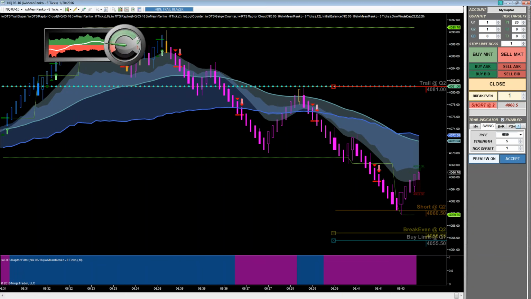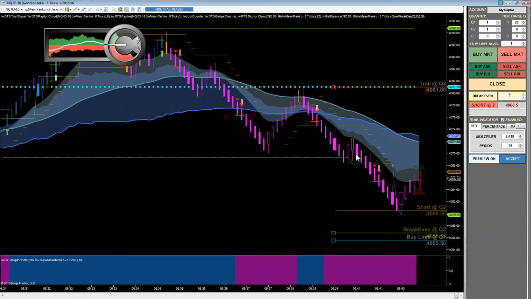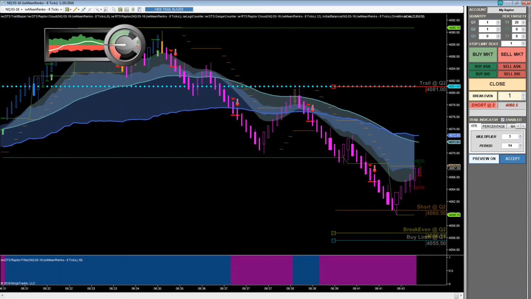Now, as far as the Trailblazer and Trade Manager go, we have 16 different stop strategies to choose from here. And each strategy is fully customizable. So right now I've just started with the swing high system. Let's say I wanted to see what the ATR was like, and I want to adjust it to a 3-period ATR.